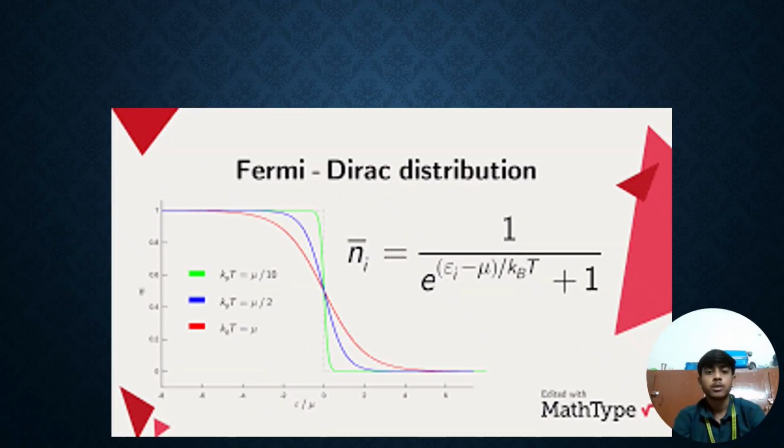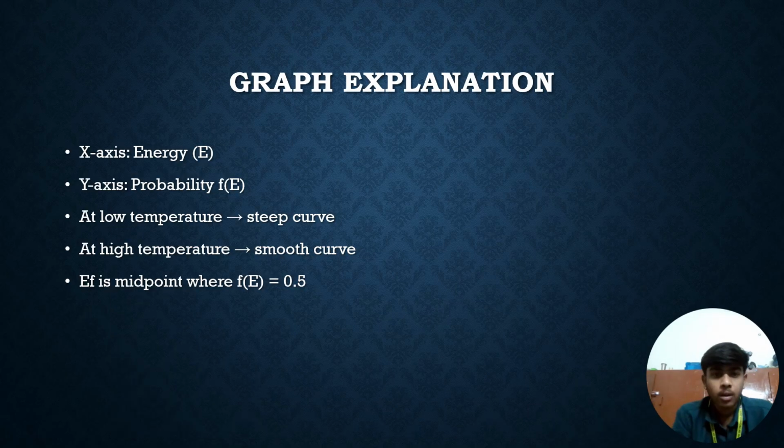Now we can observe the Fermi-Dirac distribution, and we already know the formula: 1 by e power (E minus EF) divided by kT, plus 1. Now graph explanation.